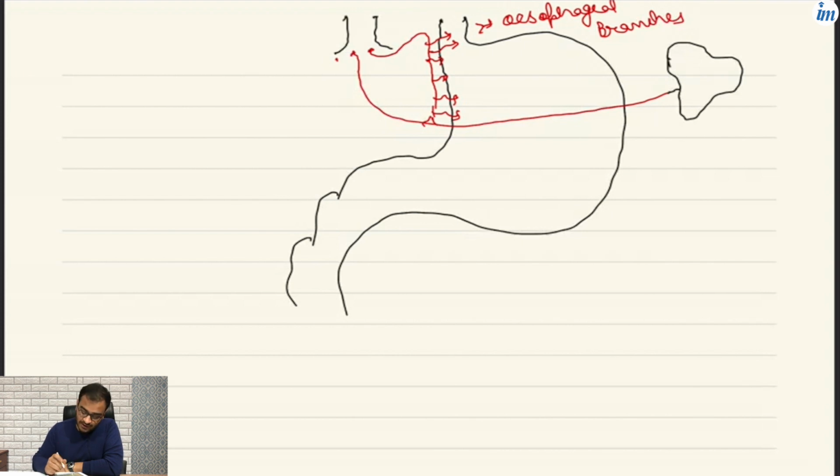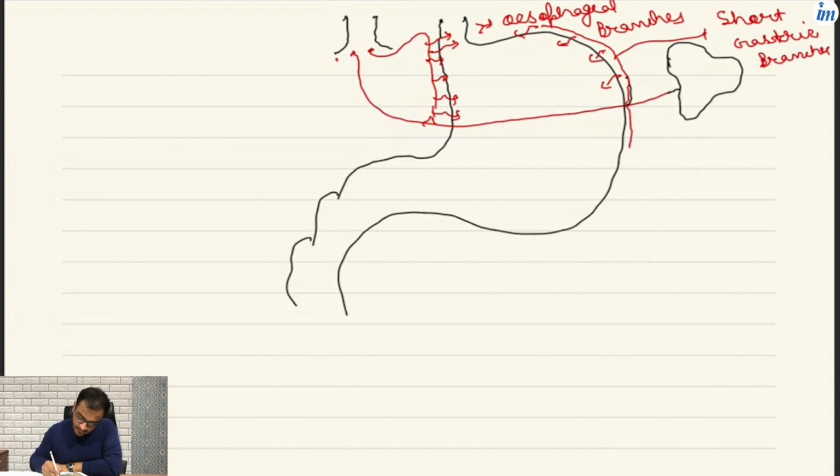But from the splenic artery we have 2 more branches: the short gastric artery, or short gastric branches, and the left gastroepiploic artery.